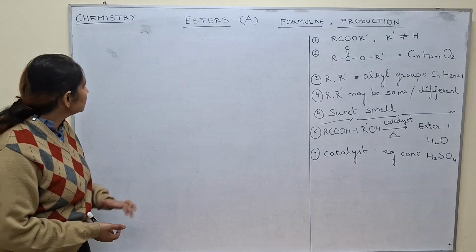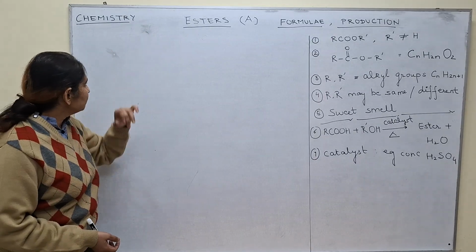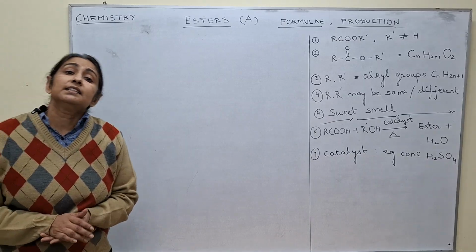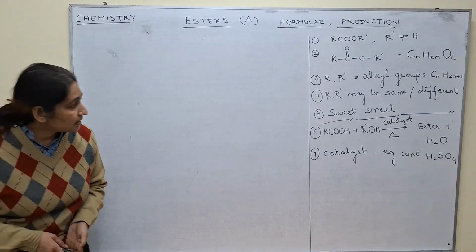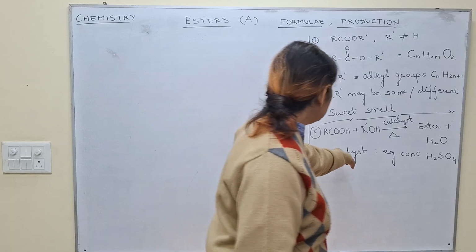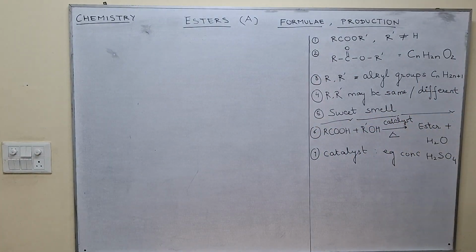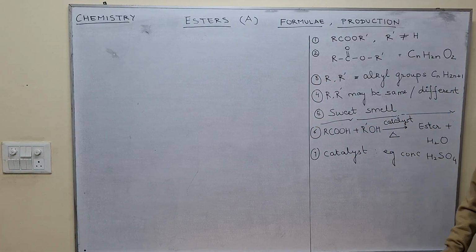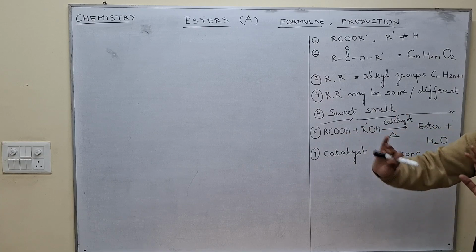Okay, next thing is, I'm waiting for this to dry. Next thing is the catalyst. I've written here, catalyst. Catalyst, as a definition, I'm sure you know, is something that speeds up a reaction. If something is moving very slowly, it pushes it and makes it go quickly.